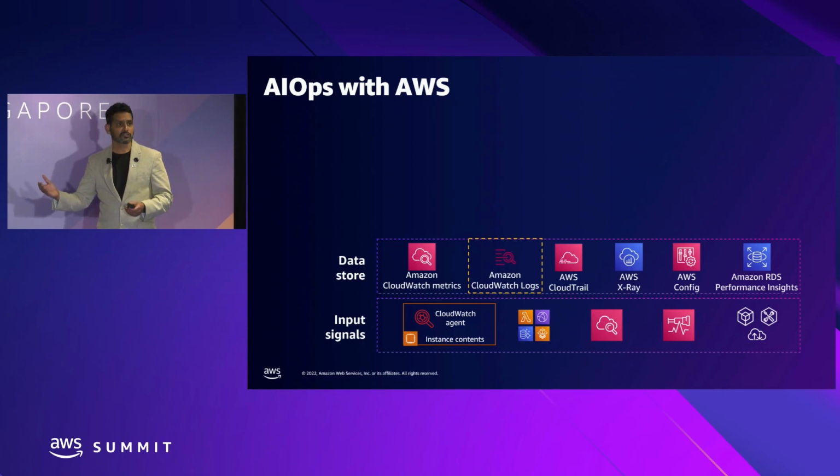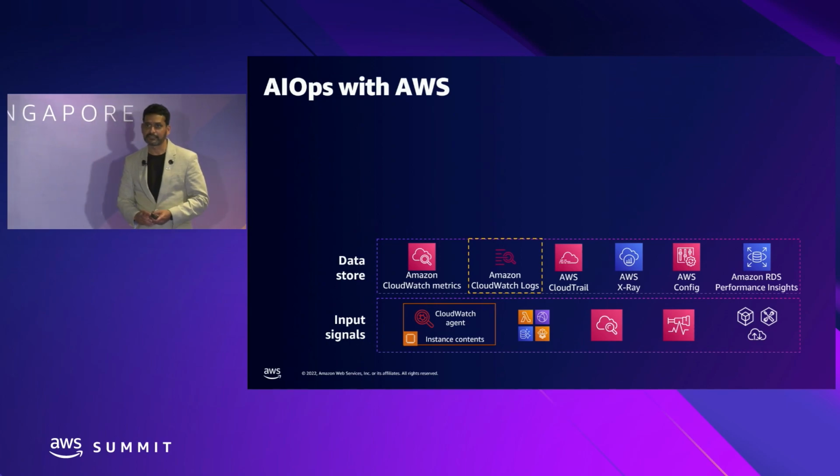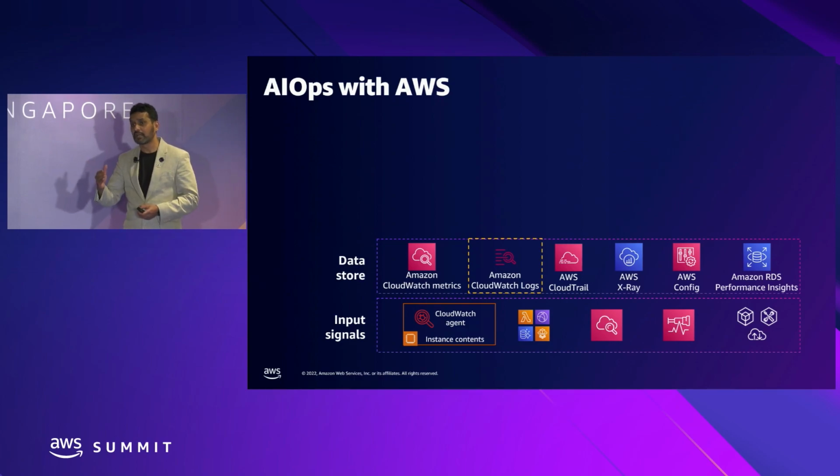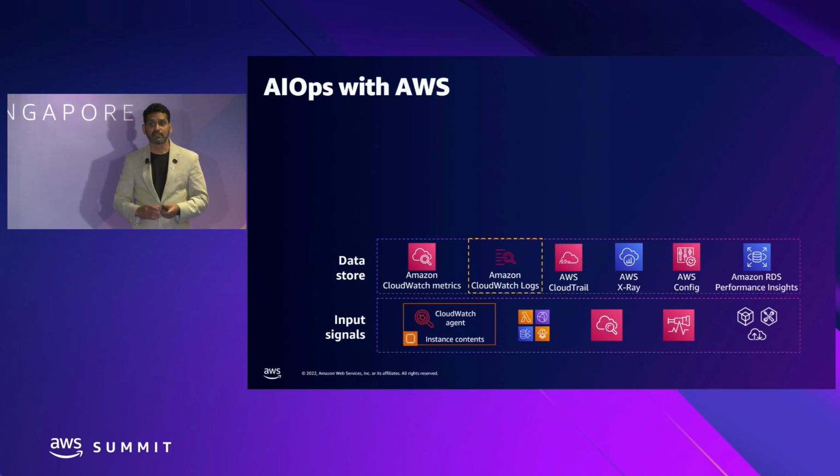And you get CloudWatch logs. These are all out of the box. By default, you get these metrics and logs. And you can enable config events, and you can enable CloudTrail events, and also you can enable trace data using AWS X-Ray. In case of RDS, you can enable performance insights.